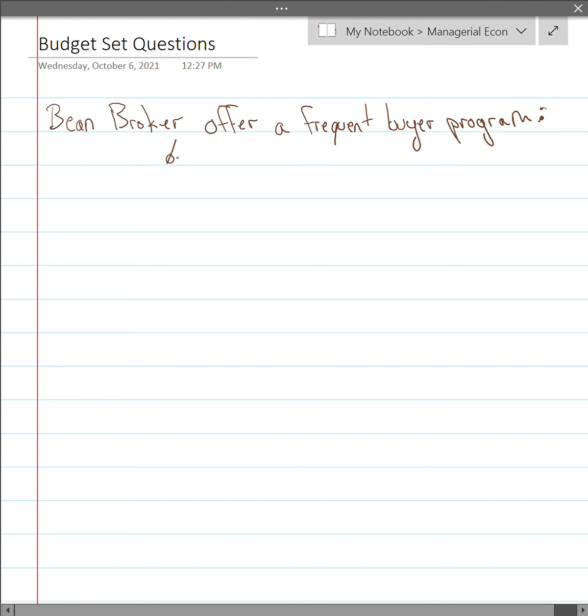So it's a buy 12 lattes. And each latte we're assuming is going to be $6. And after accruing 12 lattes, 12 stamps, they receive one free latte.